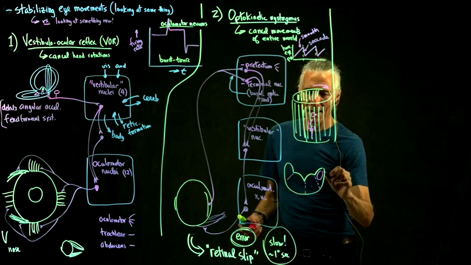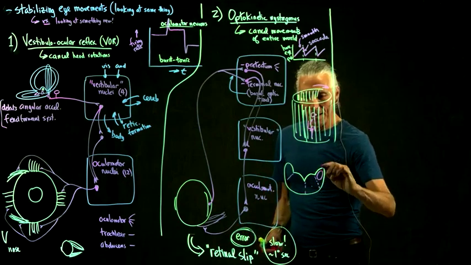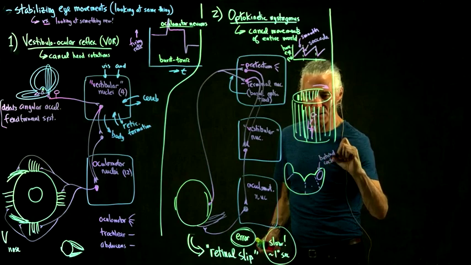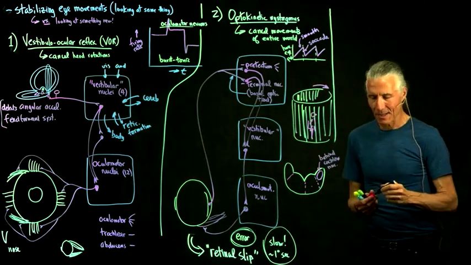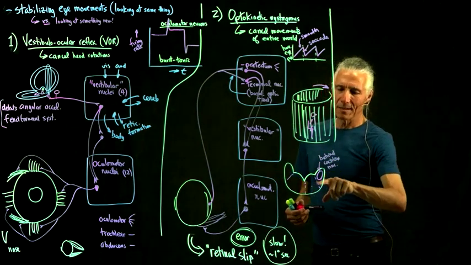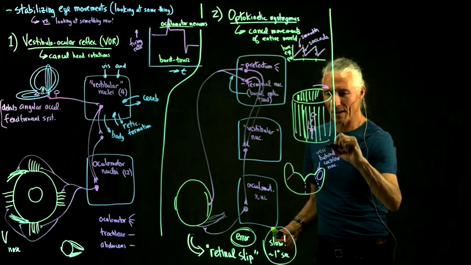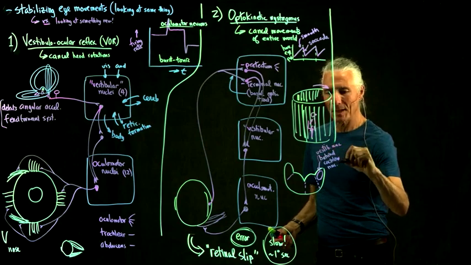If you look at where the cochlear nuclei are and go behind them, because these are the same kind of thing as the hair cells in the cochlea, that's where the vestibular nuclei are. So this is the vestibular nuclei if you're looking for it on a section. They're just behind the cochlear nuclei.